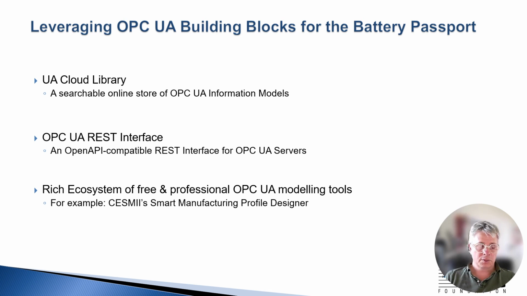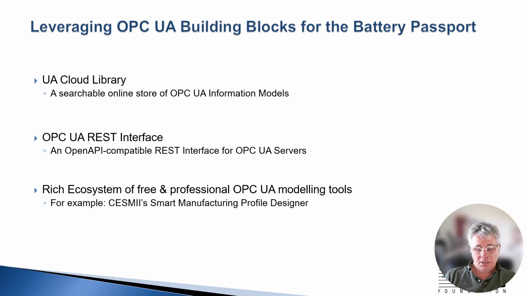You can search through them and make sure that the information that you have in your digital product, if it's OPC UA based, which of course we all hope it is, then you can access references to the type information of the types used, for example, in that digital product passport directly from the cloud library. And you don't need to integrate and copy all the different companion specs into your digital product passport. You can just reference them.